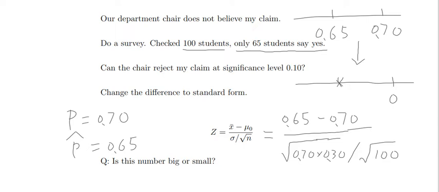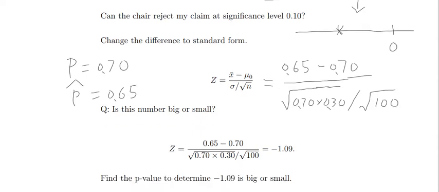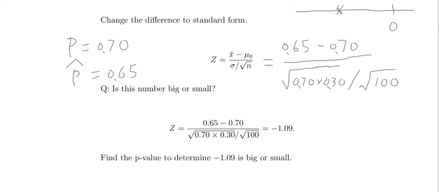So this is the test statistic. We find this number is negative 1.05. So we just changed this difference from 70% to 65% to be 0 to negative 1.09.